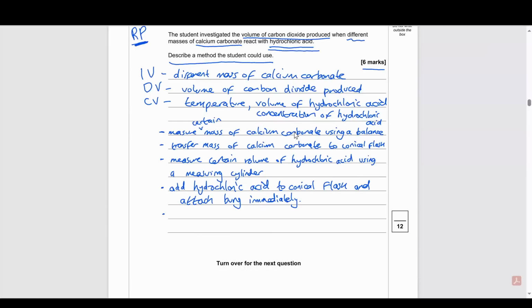So what we'll do is then in this case we'll write down record volume of gas produced. Obviously we know that the gas is carbon dioxide in a specific time.